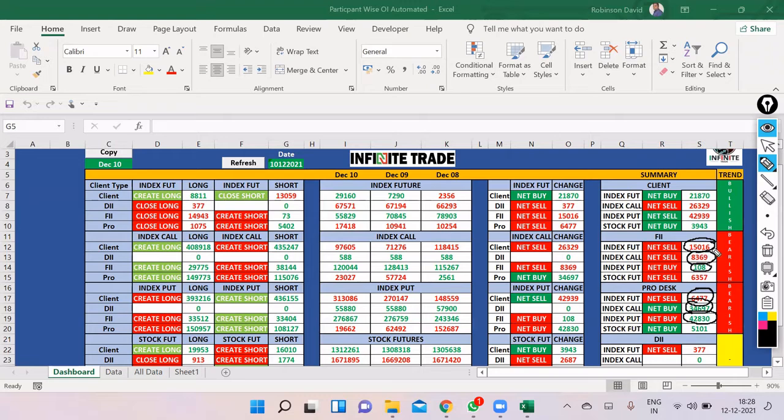So looking at FII's position, the first point is they are bearish. Okay, but they do not have significant positions in options so far. So that means they may create some heavy positions on Monday, that is tomorrow.